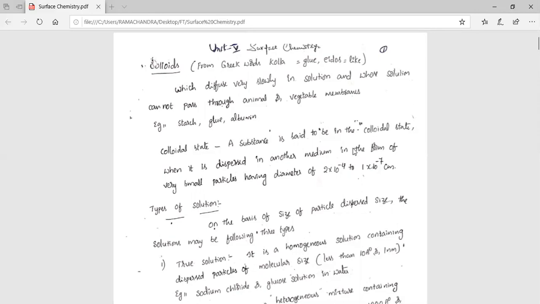Surface science is the study of chemical phenomena that occur at the interface of two phases.